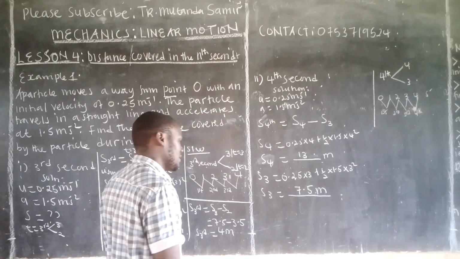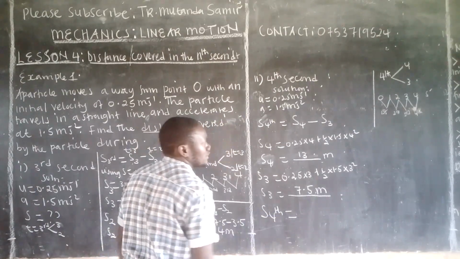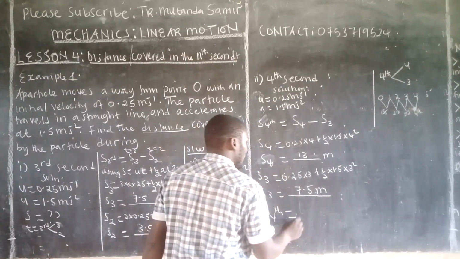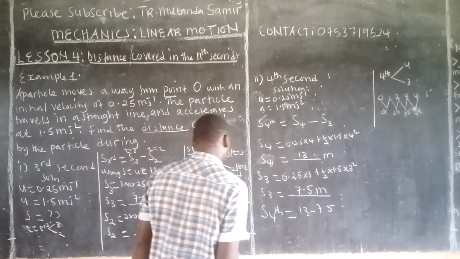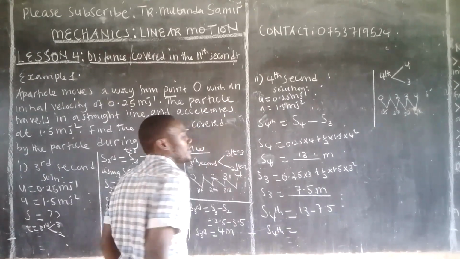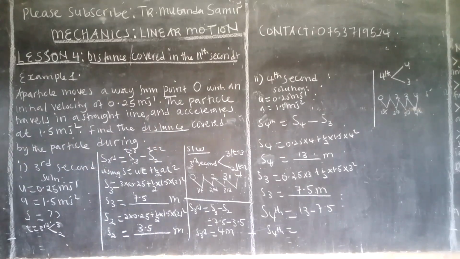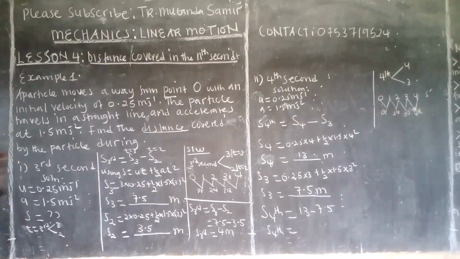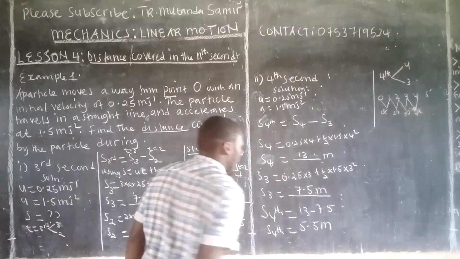And now the distance covered during the 4th second is S4, that is 13, minus 7.5. So the displacement covered in the 4th second is 13 minus 7.5. Back to the calculator, the answer you will have is 5.5. Please use your calculator and see which answers come up afterwards.